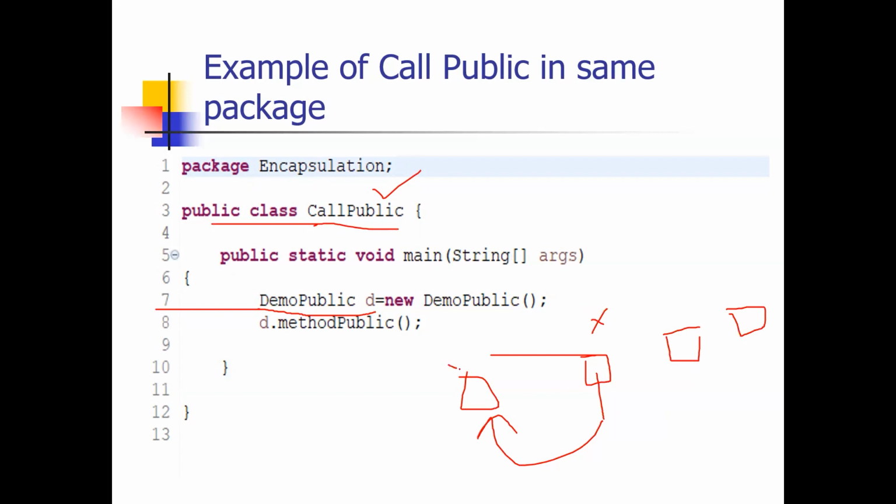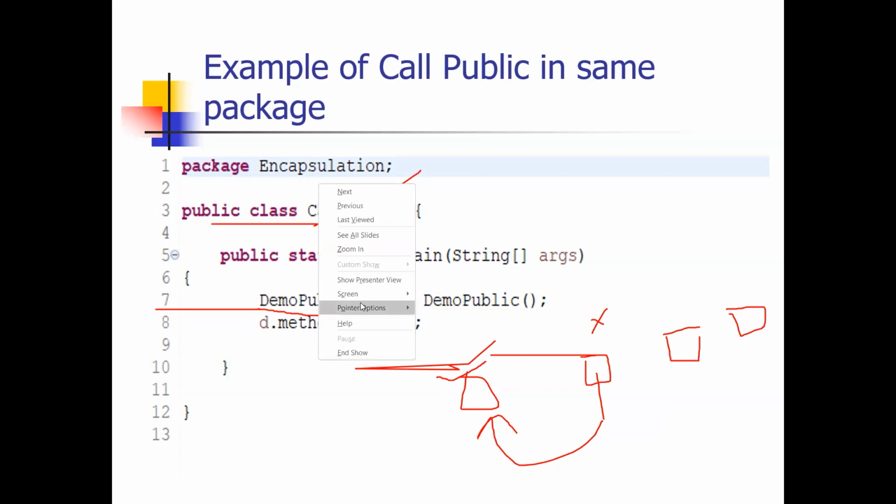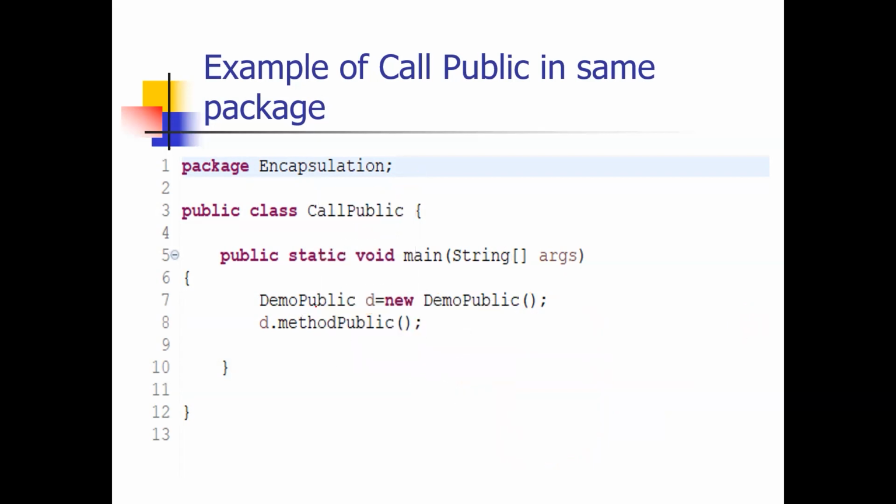You are creating an object of the other class and calling the method, which is inserting the key for this room. So demo public D equals new demo public. When you run this program, for running the main method, Java will understand by this D dot method public. D is the object of the demo public class, so it will jump to the demo public class.